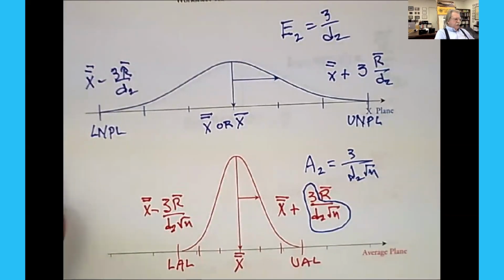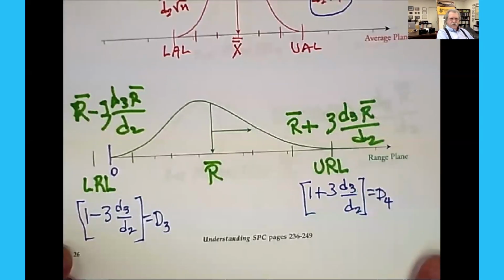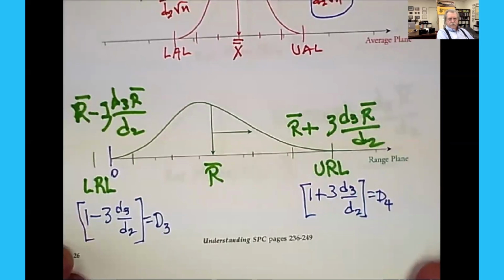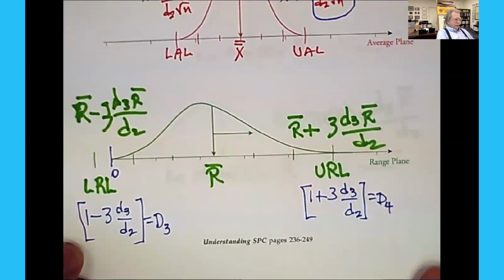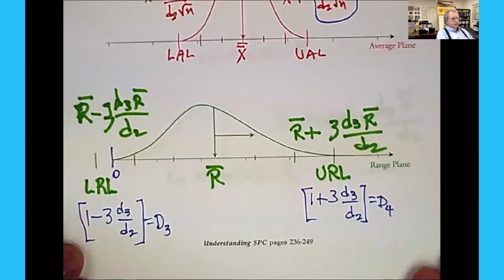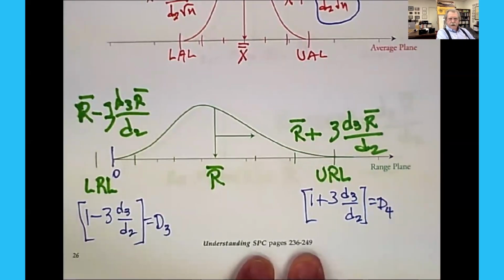So you can use the scaling factors, or you could use the formulas on page 26. And except for round off error, you're going to get the same values. Now, this whole scenario, pages 24, 25, 26, is explained in the textbook, Understanding SPC, pages 236 to 248.